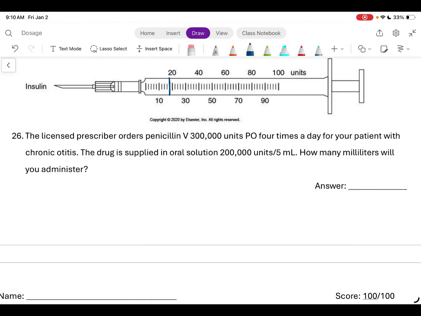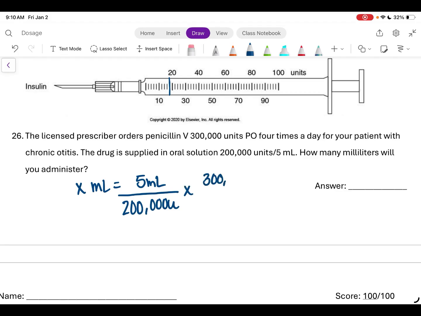All right. Number 26, there's an order for penicillin 300,000 units. The drug is supplied as 200,000 units for every 5 milliliters. How many milliliters will you give? X mL. I know my concentration. 5 is equal to 200,000.